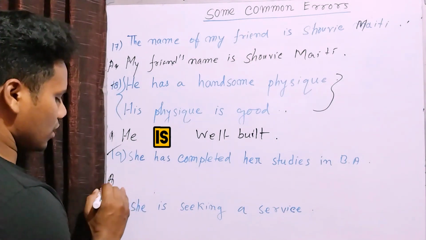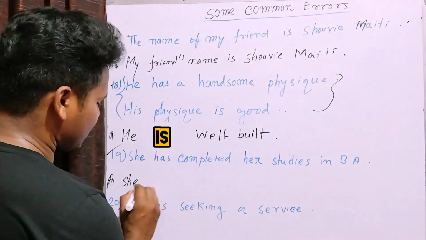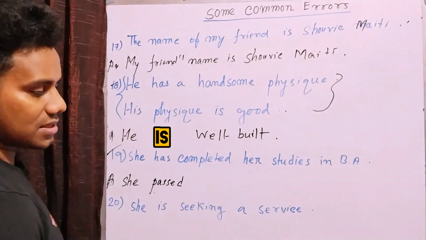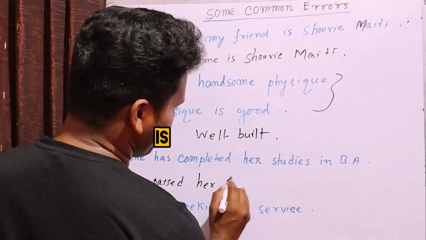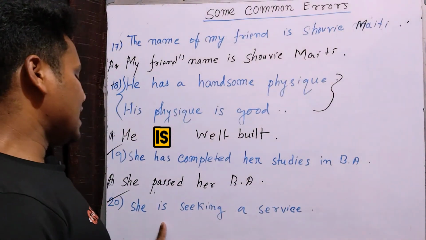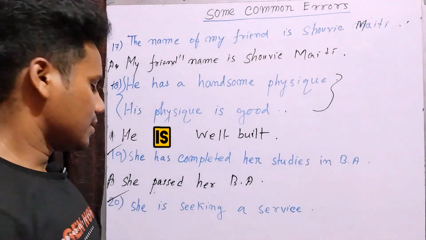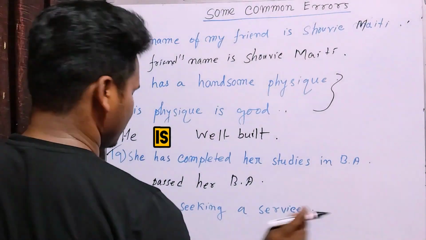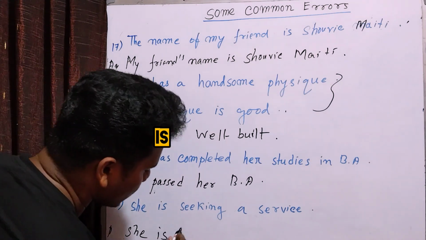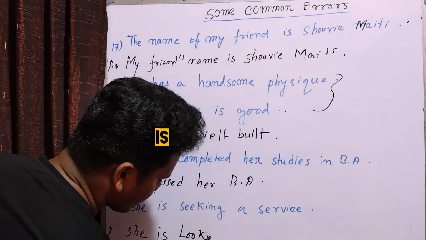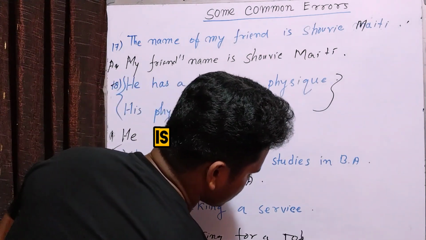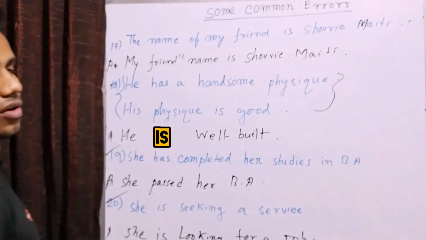Right one will be: she finished her BA. Next one: she is seeking a service. Right one: she is looking for a job.